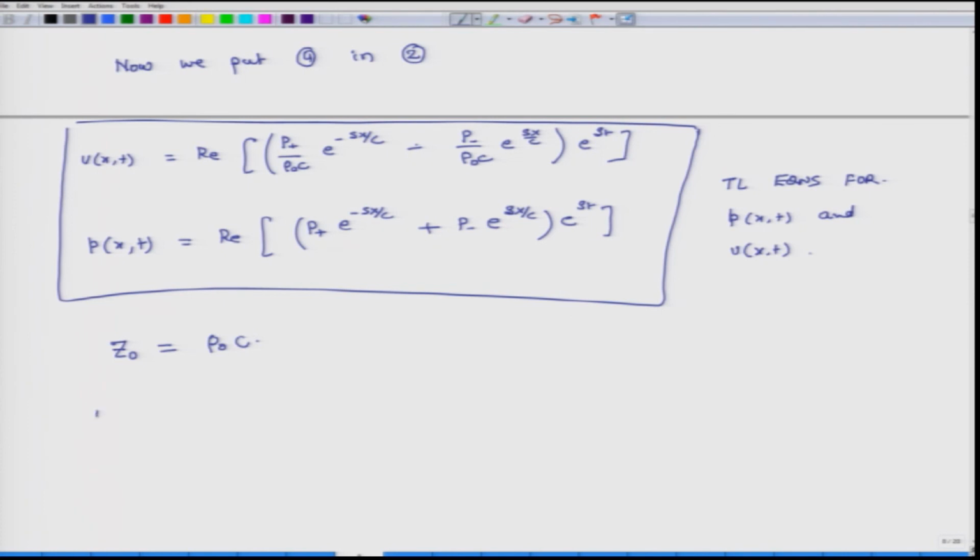I can rewrite the transmission line equation for velocity as real of p plus by Z naught e to the power of minus s x over c, plus, excuse me, there is a negative sign here, p minus by Z naught e to the power of s x over c, times e to the power of s t. This is another alternative form where I am just defining rho naught c as Z naught.